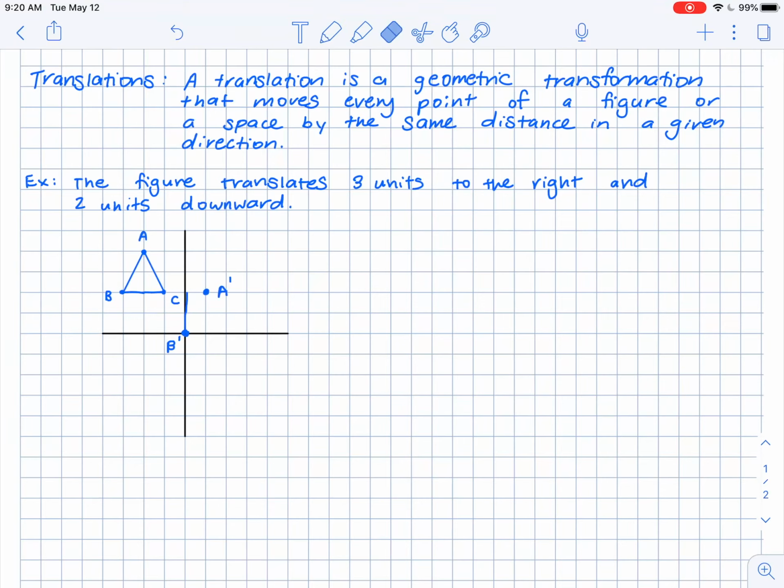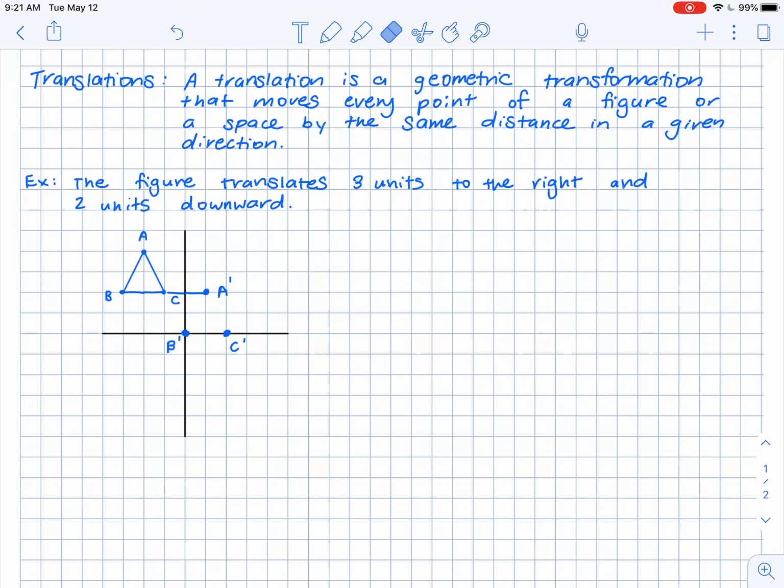Okay, now that's my new B. Now, lastly, we have our point C. We need to translate it 3 units to the right and 2 units down. And that's my new point C.